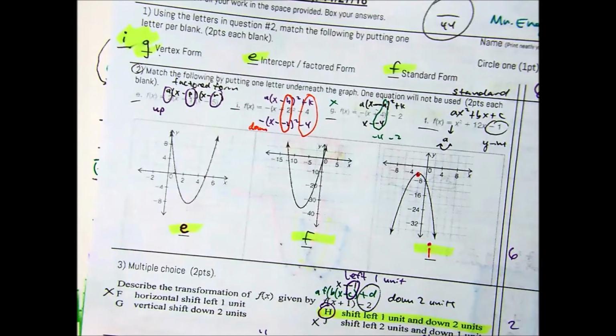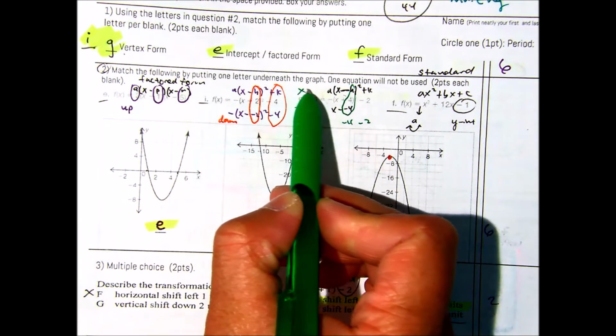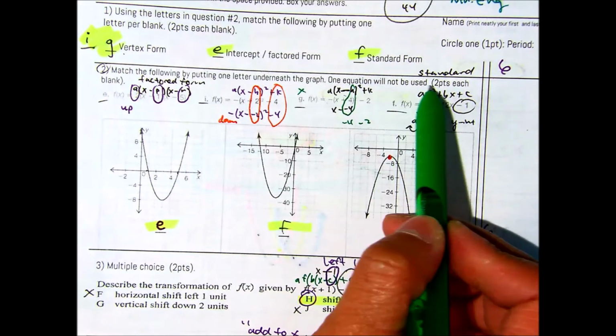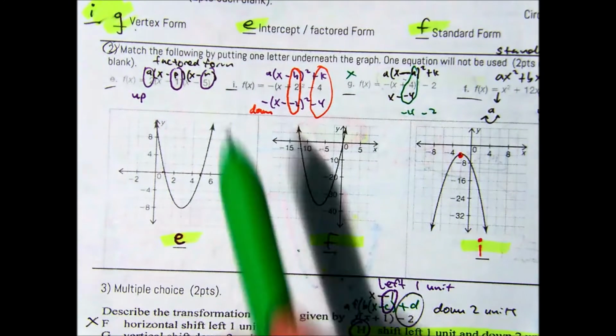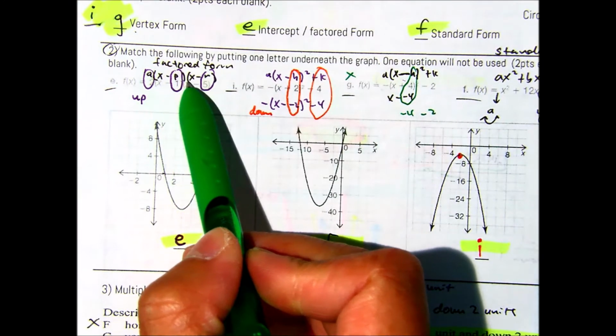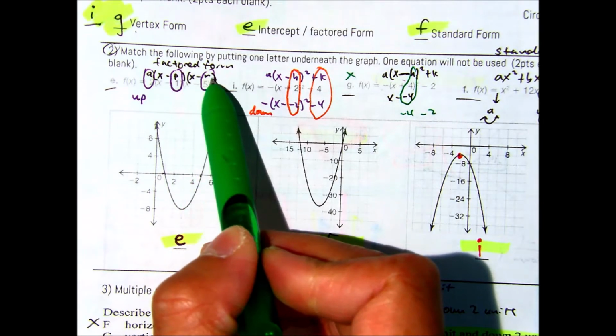Question number 2. Match the following by putting one letter underneath the graph. One equation will not be used. So if I know that this is factored form, what I did right above it is I wrote factored form: a times x minus p, x minus r, or you can call that x minus r1, x minus r2.